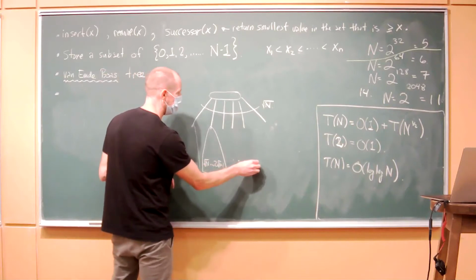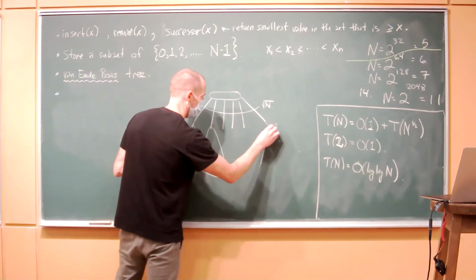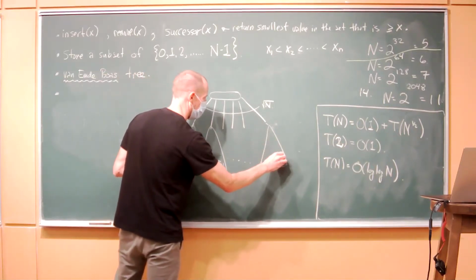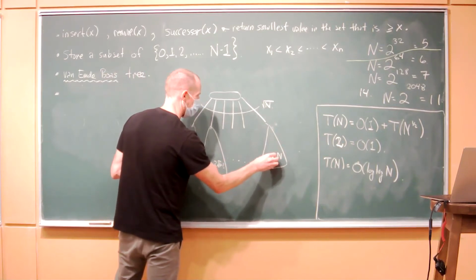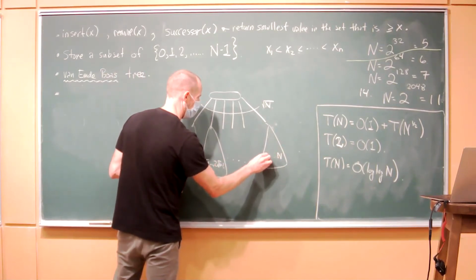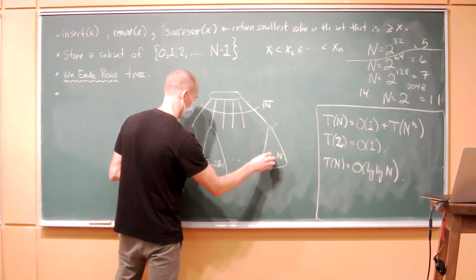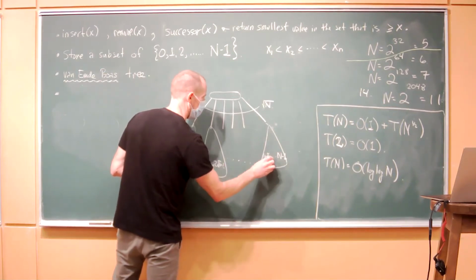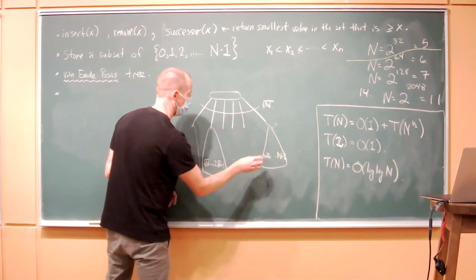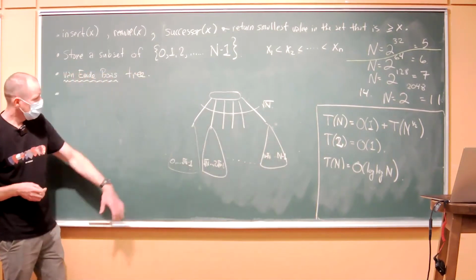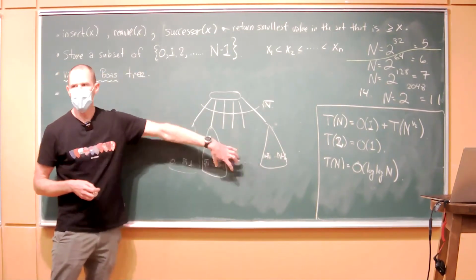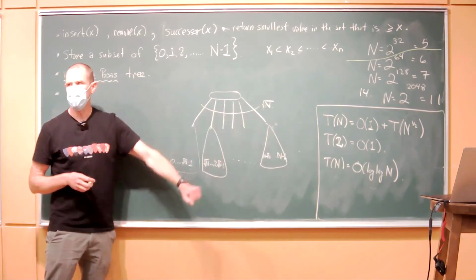And then finally, the last one will be starting at n minus the square root of n. Okay. So this just breaks the universe up into equal size pieces, each of size square root n.